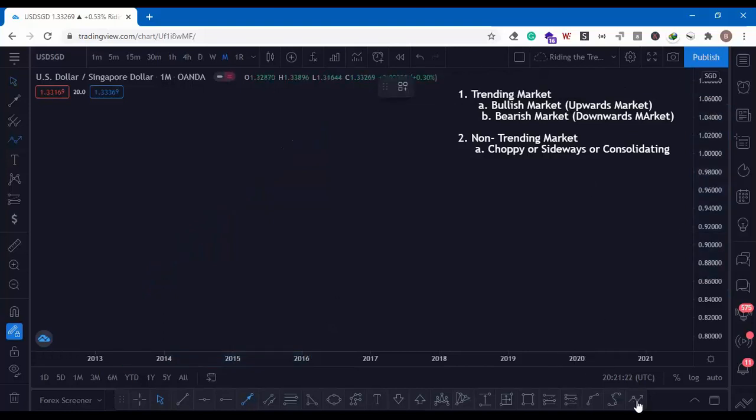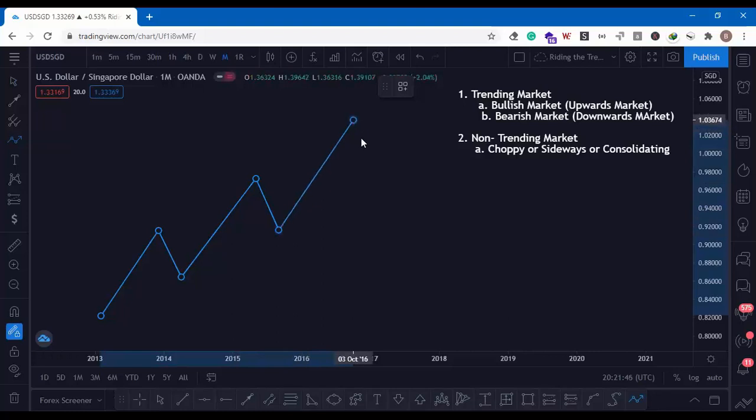So what happens is that in an upward market or a bullish market, price goes up a bit, and then at a point it chooses to come back a bit, goes up again, but this time surpassing where it reached the first time, comes back, goes, comes back, goes.